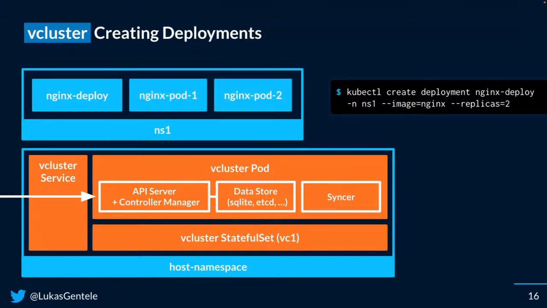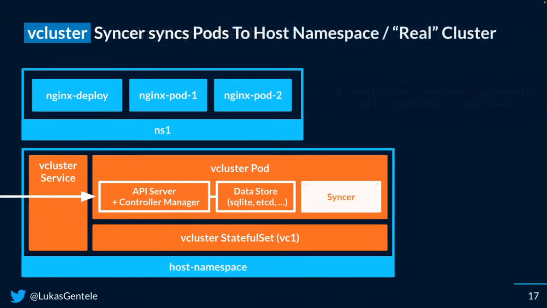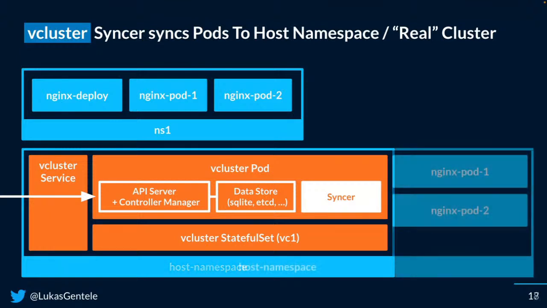Nothing else happens, right? The magic actually happens when now the scheduler comes in and says like, oh, there are 2 pods that need to be launched on a node. I gotta, you know, hand them over. The kubelet needs to start them. I need to schedule them on one of our nodes. And that's where the syncer comes in. So we essentially go ahead and copy these pods down to the underlying namespace.